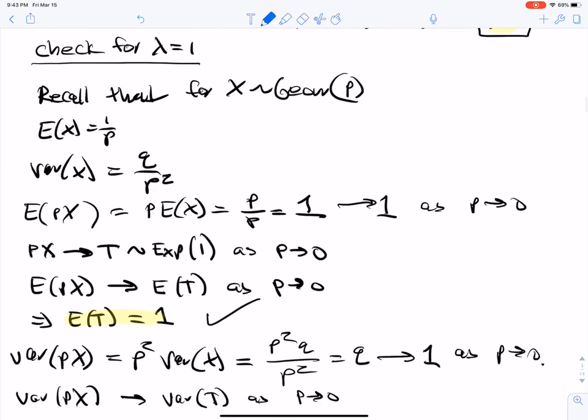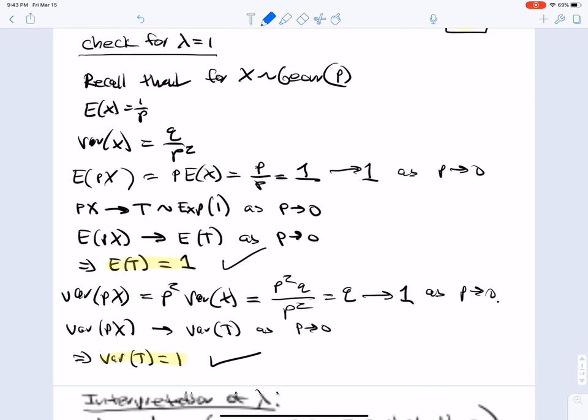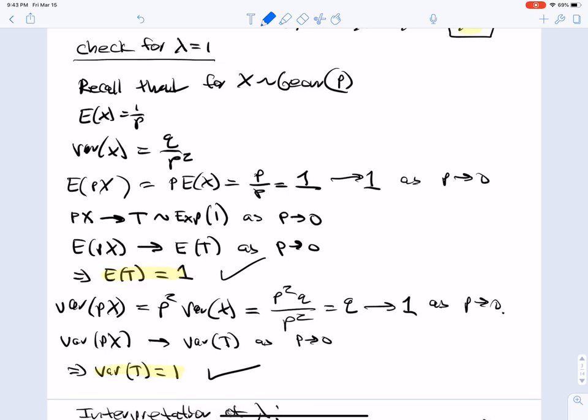And you can actually see that this holds if you concentrate on the case where lambda is 1. In that case, you know that exponential 1 is approximately the change of scale px. And so we know that for x geometric, the expectation of x is 1 over p, and so the expectation of px is p times 1 over p, which is just 1, so that obviously converges to 1 as p goes to 0.